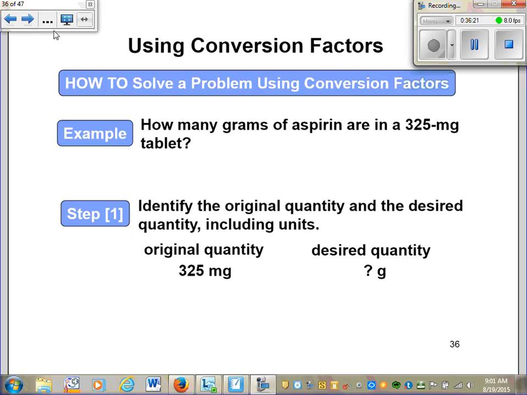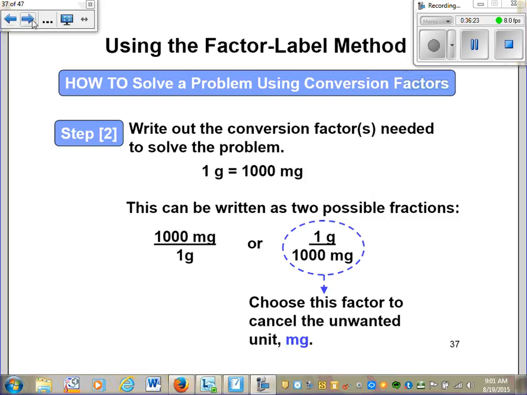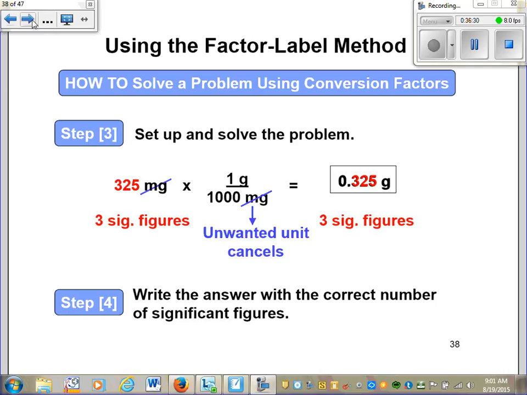Okay, let's just see how they do it. There they go, 0.325. And if you look at the problem, I always encourage people to think about what your answer should be. Which is bigger, a gram or a milligram? A gram.